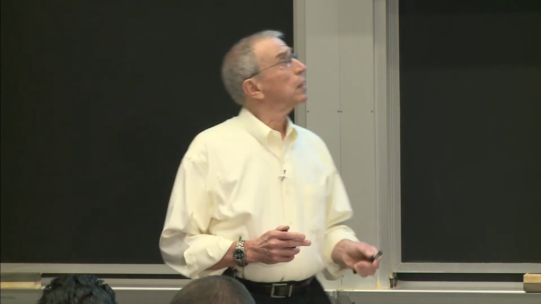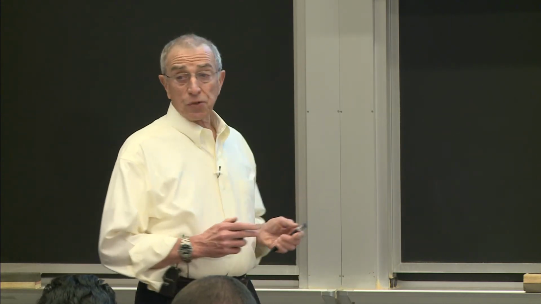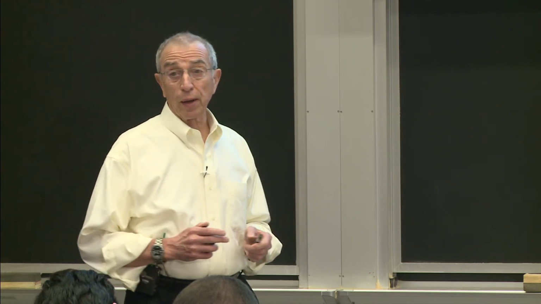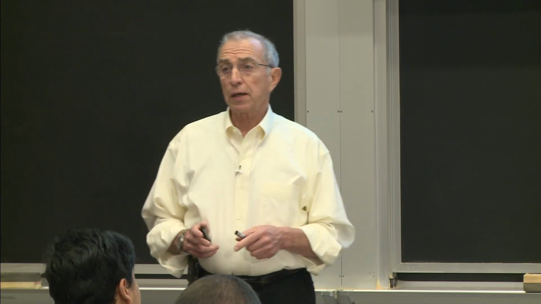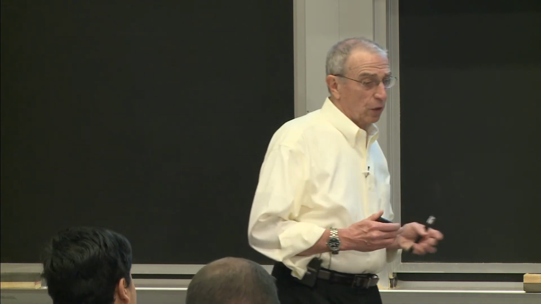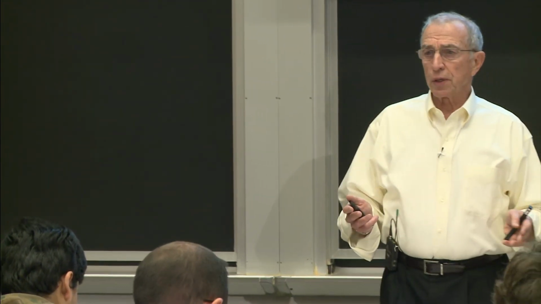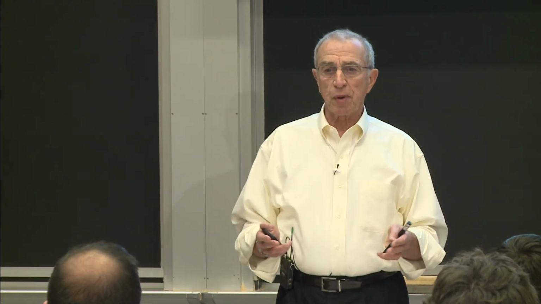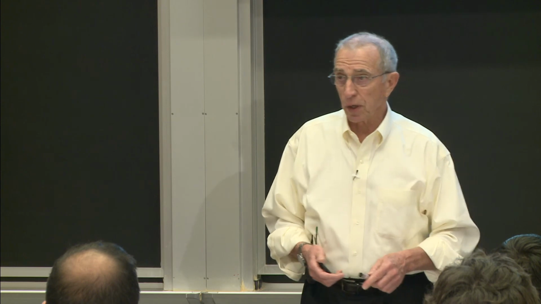Identification is where you say, I know that the signal fits that model. Now I just need to identify the parameters. Modeling is that I know to begin with that the signal does not fit that model, but I want to model it as best I can within the context of that model.